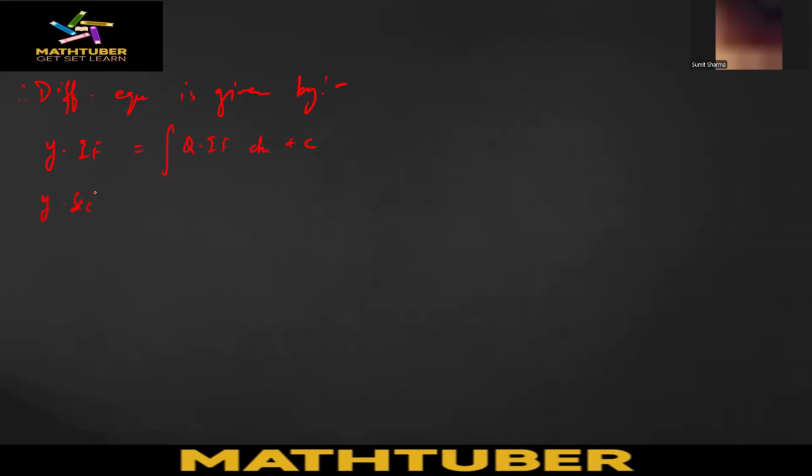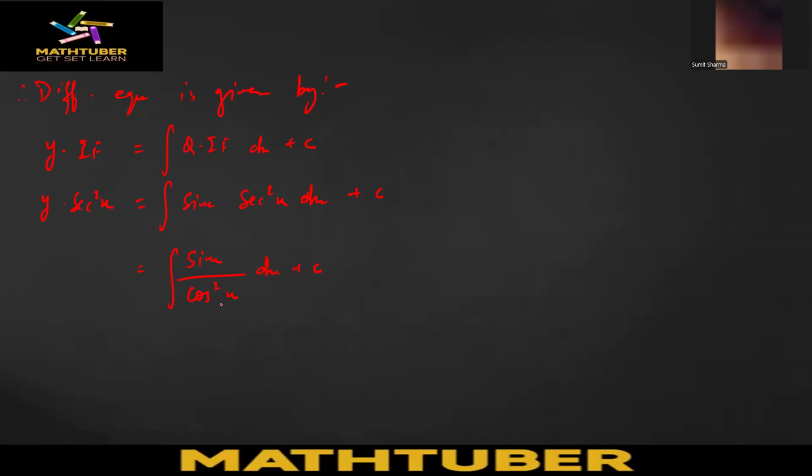So y into sec square x is equal to integral of sin x into sec square x dx plus c. And we know that this can be written as sin x upon cos square x dx plus c.